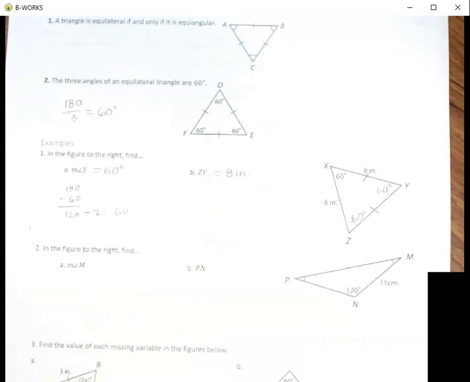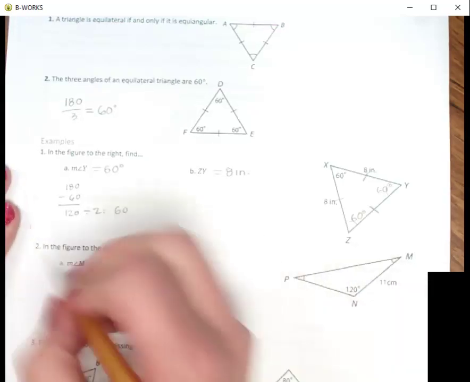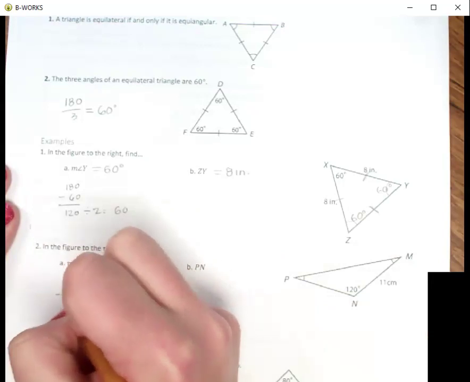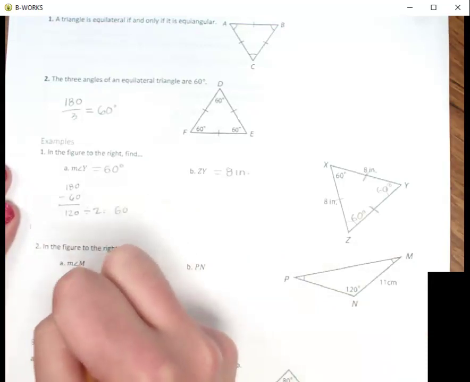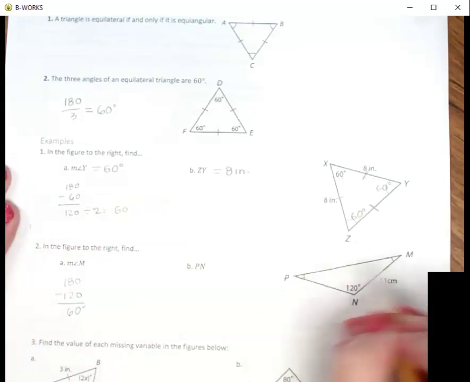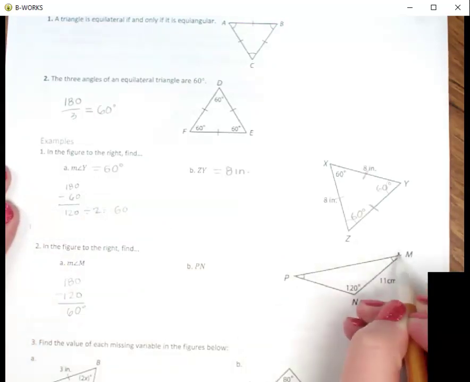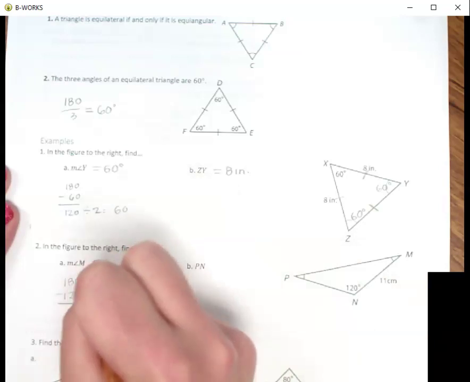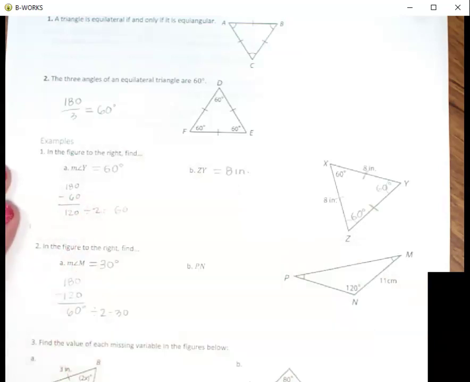Second example, in the figure to the right, find the measure of angle M. Well, angle N here is 120 degrees. So if I take that away from 180, that gives me 60 degrees to split between these two angles, because they are congruent. 60 divided by 2 is 30, so the measure of angle M is 30 degrees.